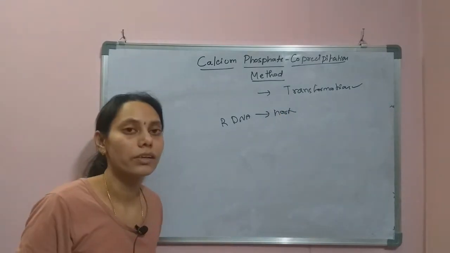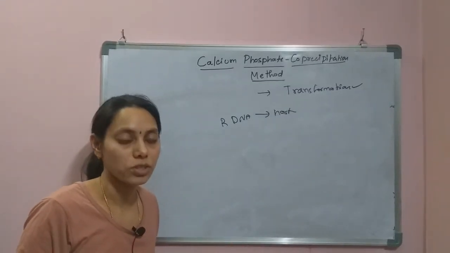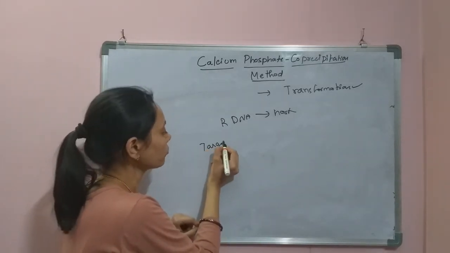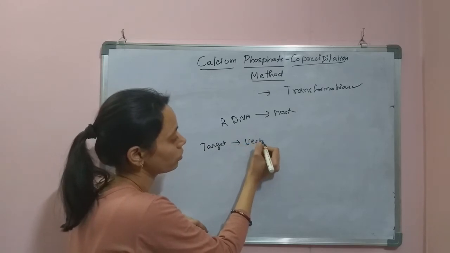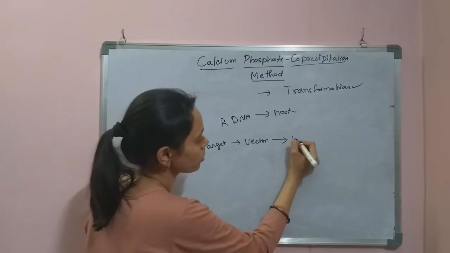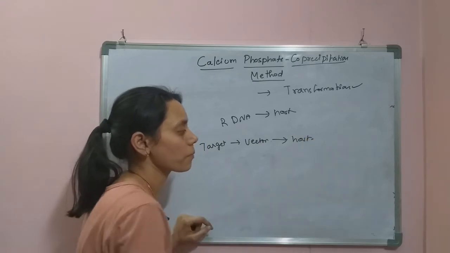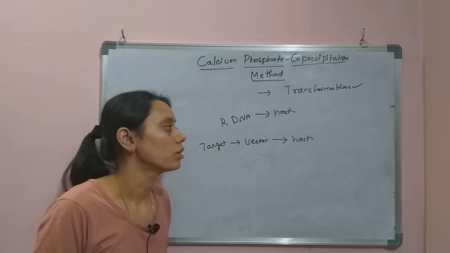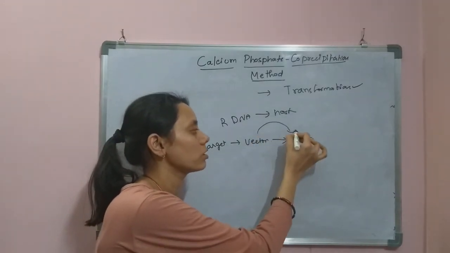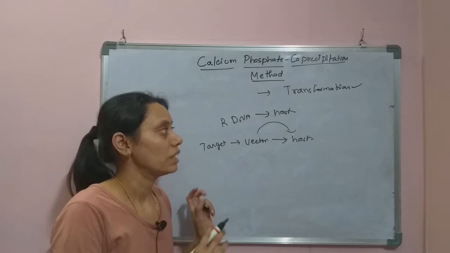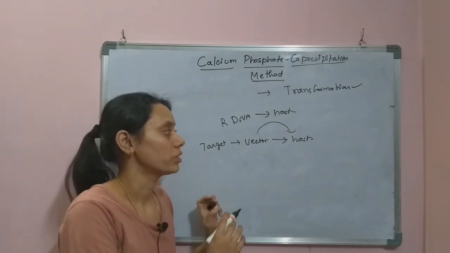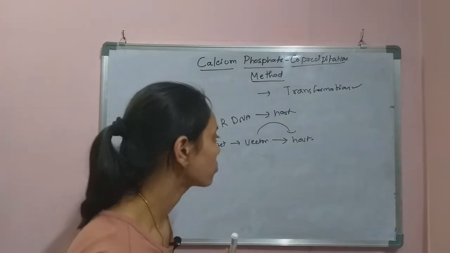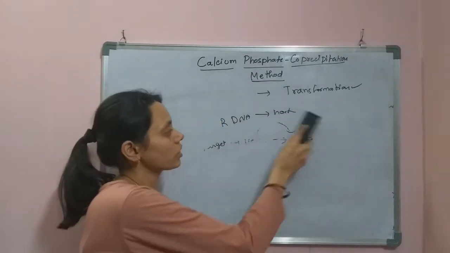In transgenic animal production or plant production or GMO production, the target gene will be inserted into a vector molecule and that will be introduced into the host cell to express or clone this target DNA inside the host cell. We need to transfer the recombinant DNA into the host organism. So that is the importance of the transformation techniques.